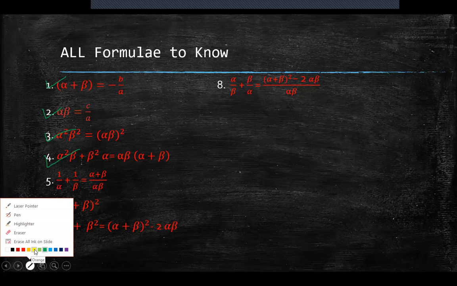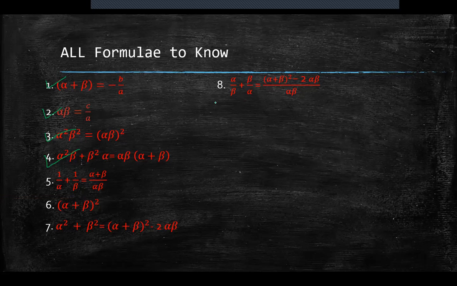So number 5 states that 1 on alpha plus 1 on beta is equal to alpha plus beta over alpha beta. So now I'm just going to show you how they ended up with that. Say I wanted to add a half and a third. What would be the LCM if I was adding these fractions?